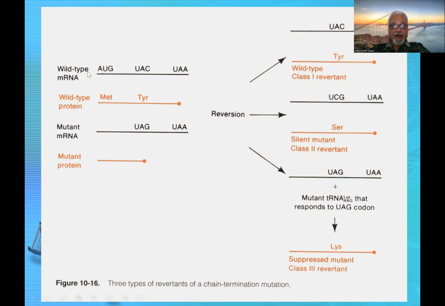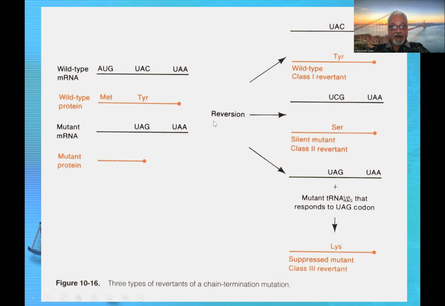And now, if there is a mutation in this codon, that is UAC becoming UAG, the consequence is that UAG is one of the stop codons. The consequence is the production of a premature protein, or half the size of protein, or truncated protein is the right word to be used. Okay, because of the mutation in this codon, which is getting converted from UAC to UAG. So this is the wild type scenario, this is the mutated scenario, and now how the reversions take place.